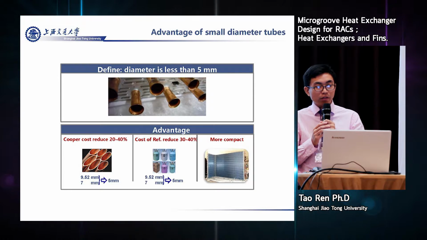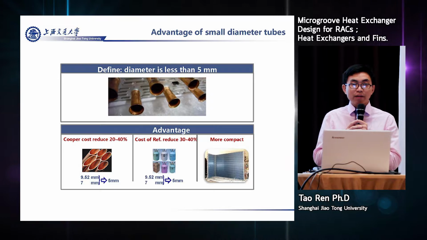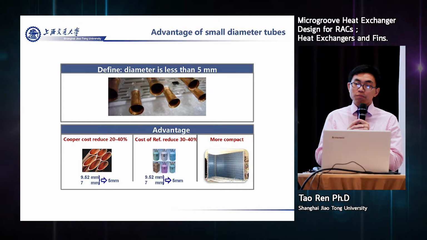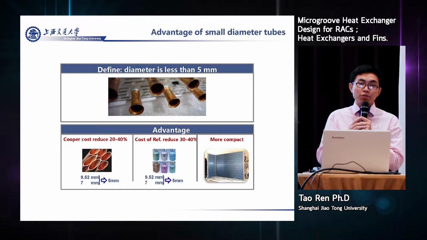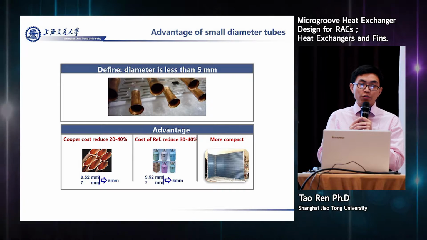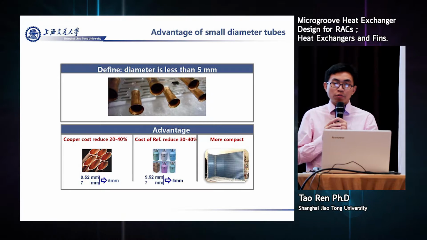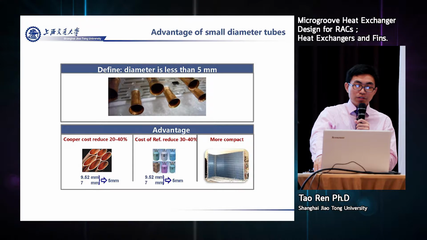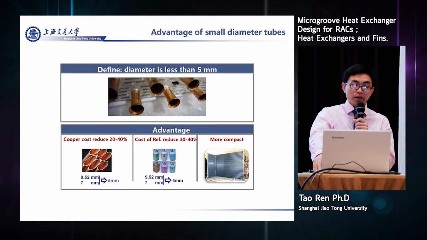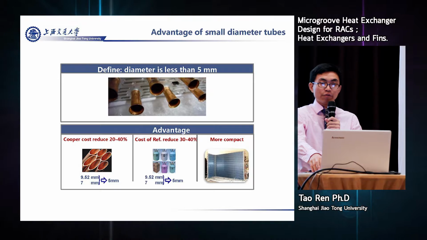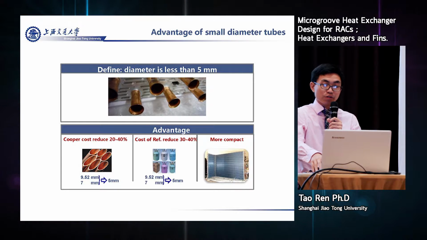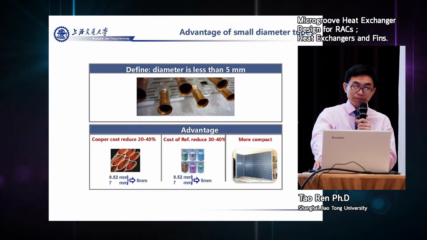So in China, and of course in Japan, you can buy machines whose energy efficiency is very high, and they use 5 millimeter for the indoor unit, and they don't use 7 millimeters. So that's the advantage of the 5 millimeter: more compact when we do high efficiency heat exchangers.